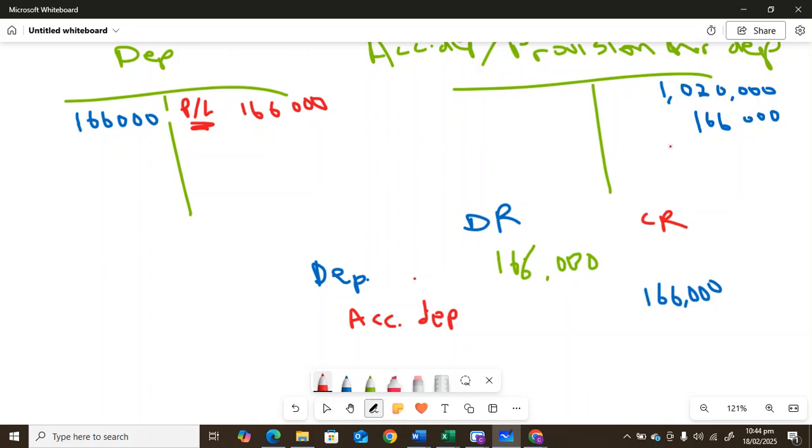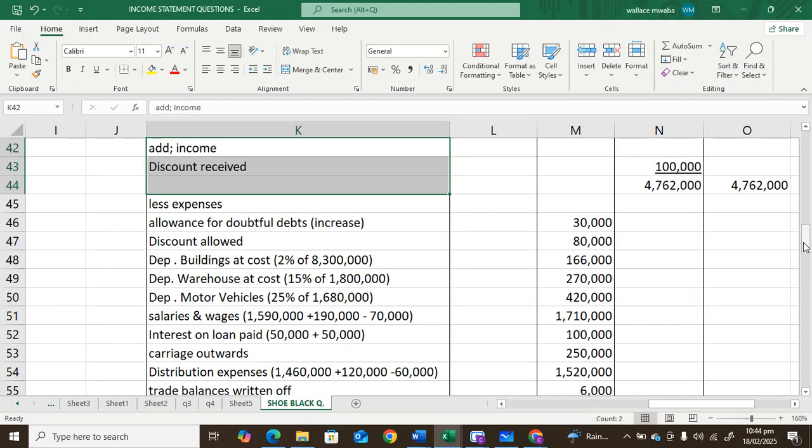Then on the accumulated depreciation, you get the total amount, 1,020,000 plus 166,000. So this is the amount you're going to see on the balance sheet. On the balance sheet, I already made a balance sheet.